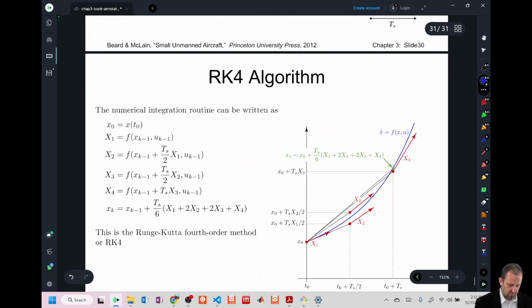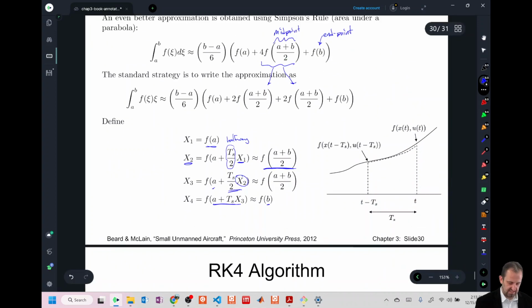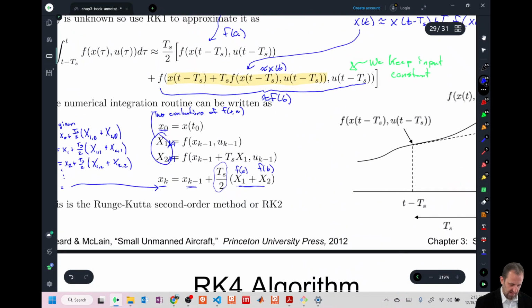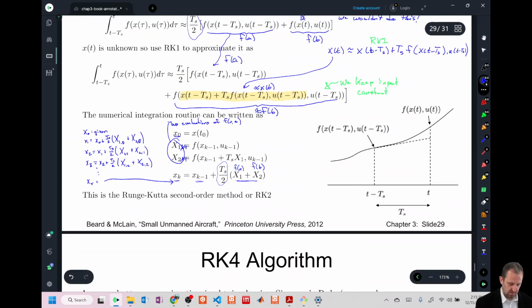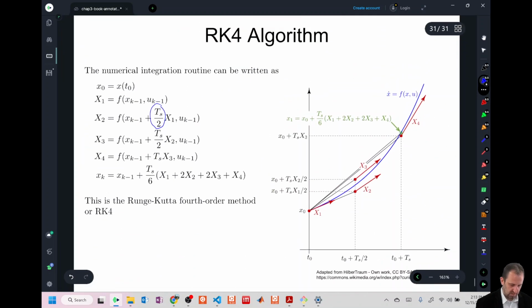So just writing it all out, we have our x naught is given to us, and then our x1 is defined the same as before. x2, now notice that it is the halfway, so it's not the exact same x2 that we had for the trapezoidal rule, right? Because we've now divided it by 2 to get a halfway approximation. And then we get our second approximation for the halfway point in x3.